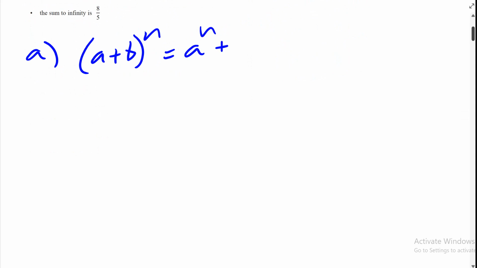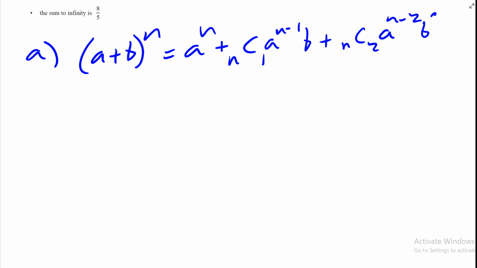So part A, we know from the formula book that we just need to do this. n choose 1 a^(n-1) b plus n choose 2, and we're just going to keep on going.